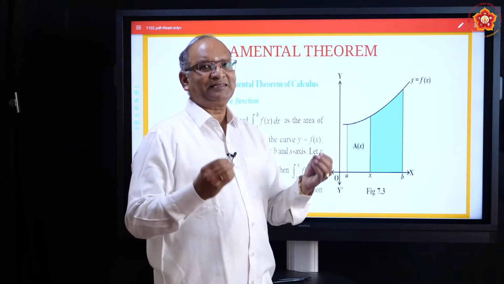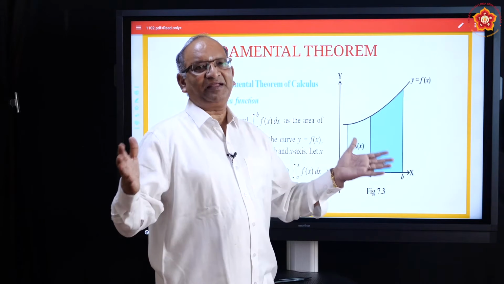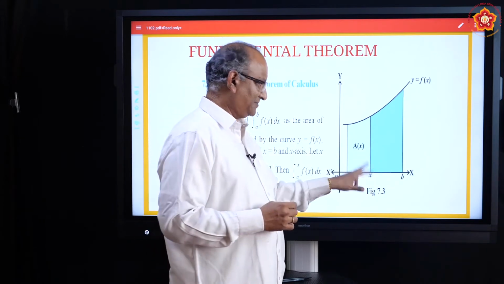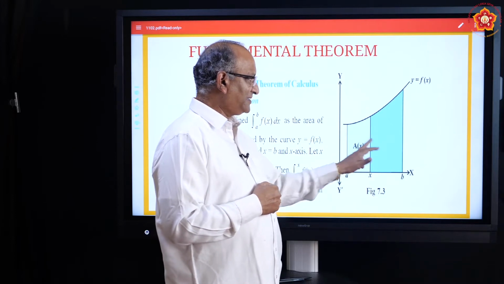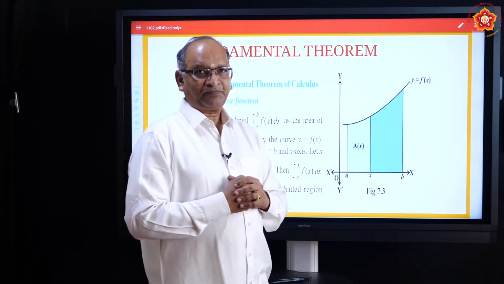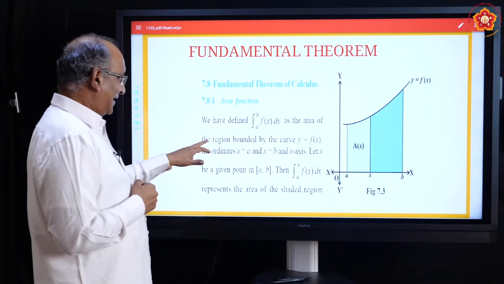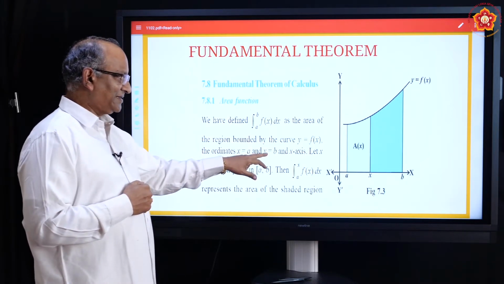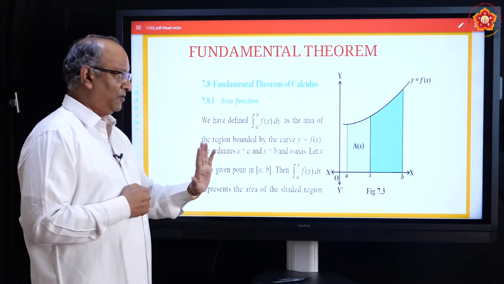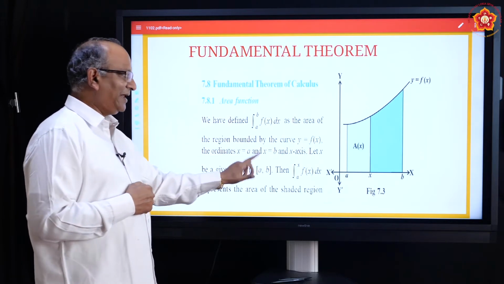We simply consider one value x in between a and b. The moment we do that, if we draw a line, it divides the region into two parts. So the region is bounded by the curve y equal to f(x), the ordinates x equal to a and x equal to b, and the x-axis. Now let x be a given point in between a and b.